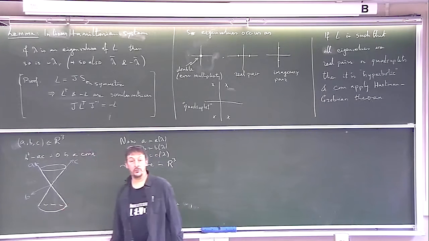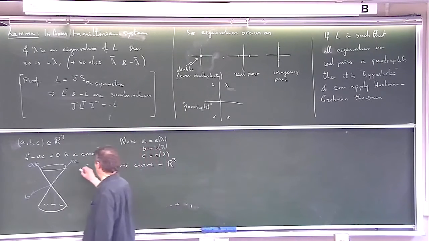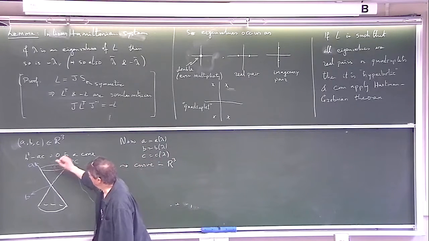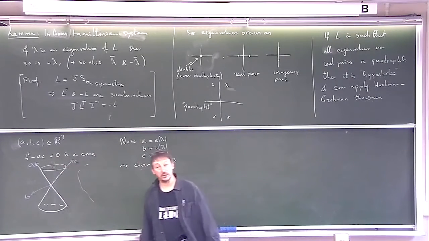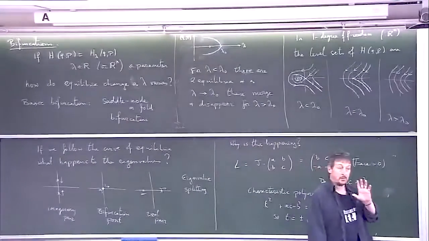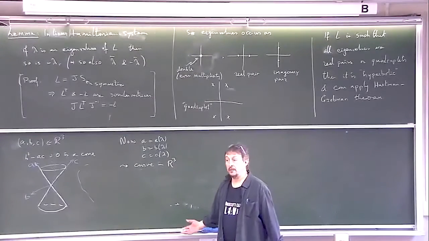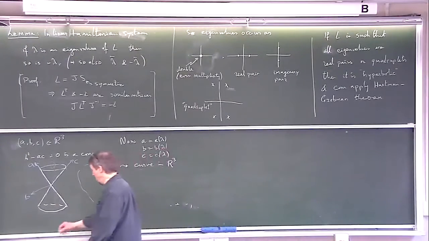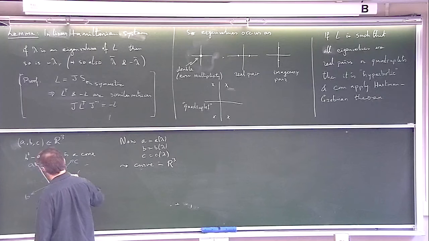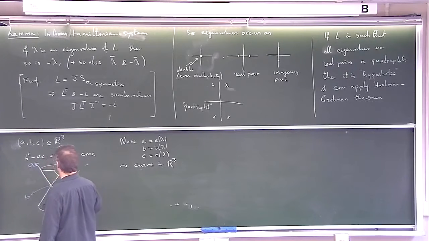So what does a curve do? Well, of course, a curve might be out here and have nothing to do with the cone, or it might be in here. But if there's going to be a bifurcation, then we need to have AC minus B squared equals 0 at some point. So where do you expect the curve to intersect the cone? Maybe something like this. That's where it comes out of the cone.